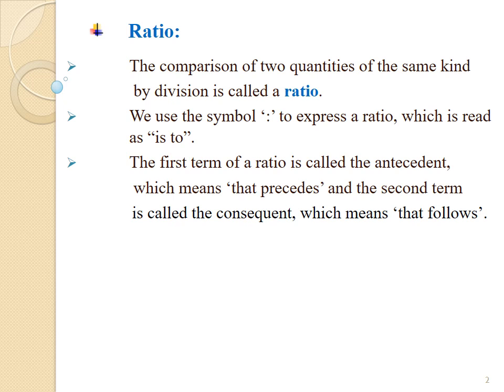Students, we can also compare the weight of Samir and Amir by division as 30 upon 25. So we can say that Samir's weight is 30 by 25 times the weight of Amir. We can also say that Amir's weight is 25 by 30 times the weight of Samir.